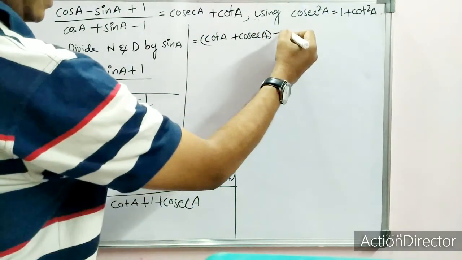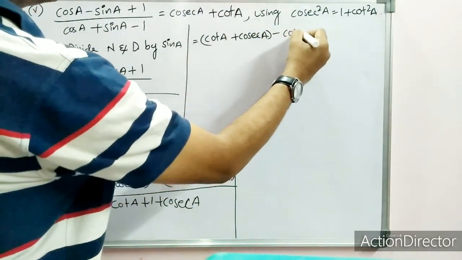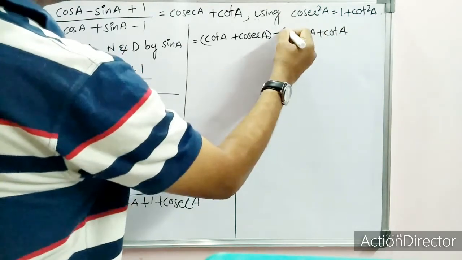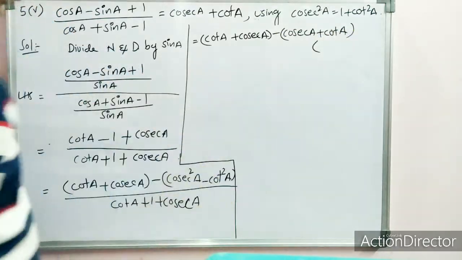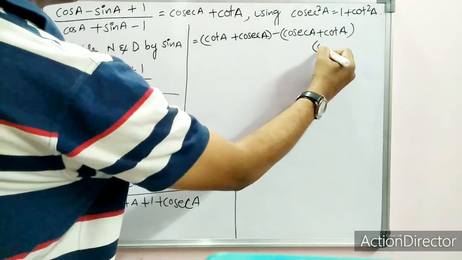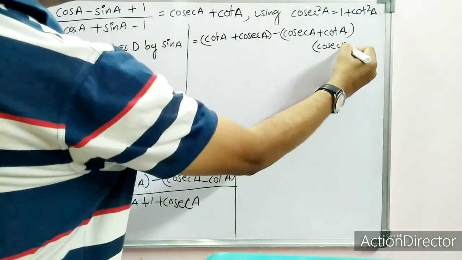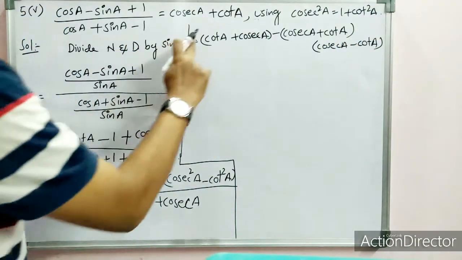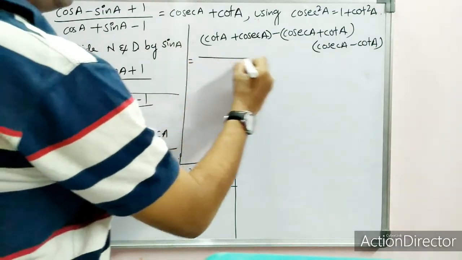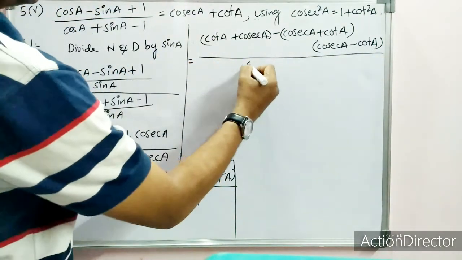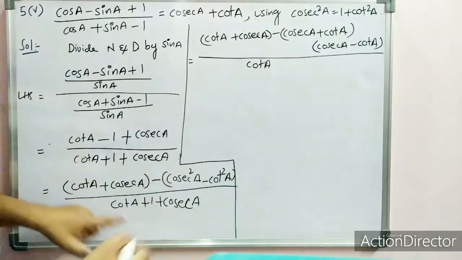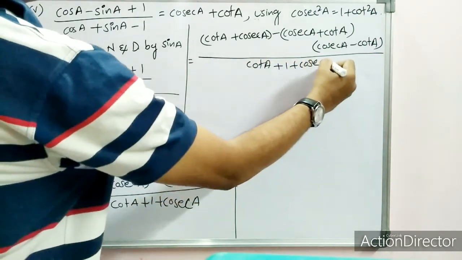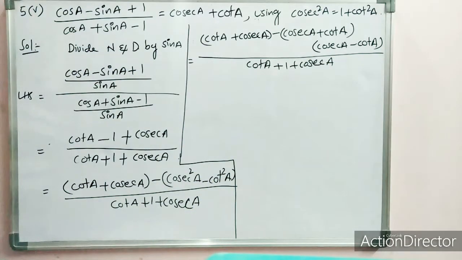A square minus B square is A plus B and A minus B, so cosecant A minus cot A. And the denominator keep as it is, no change: cot A plus 1 plus cosecant A. Have you understood?